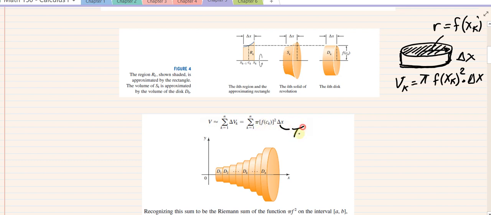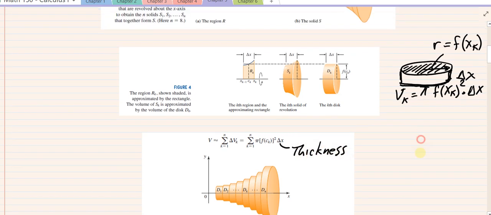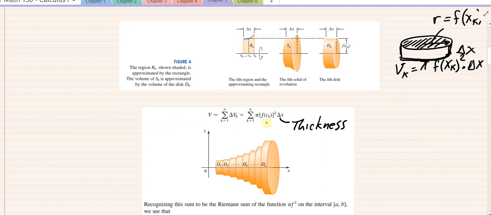Remember, delta x is the thickness, while this quantity in front, pi r squared, will be the area of a base, the area of this disk. That's the surface area of the disk.